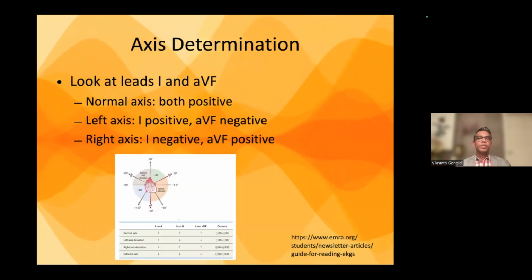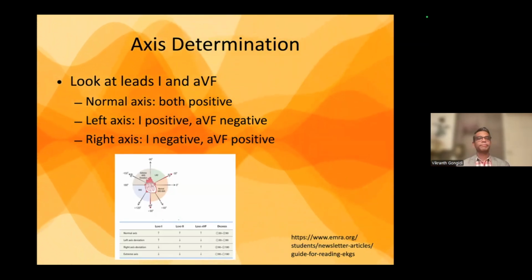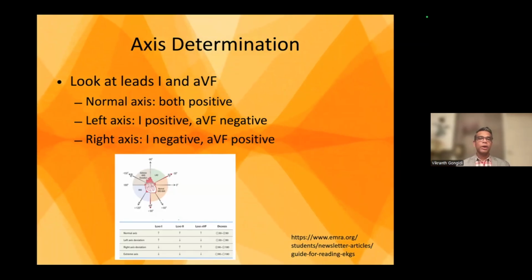And then after this, trying to figure out the velocity or the vectors of the EKG. This is where axis determination comes in, because this will help determine if the patient has a bundle branch block, right versus left. A normal axis is when both leads, lead one and AVF, are upright.